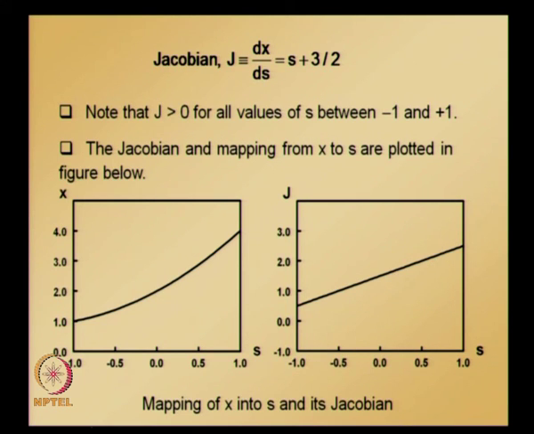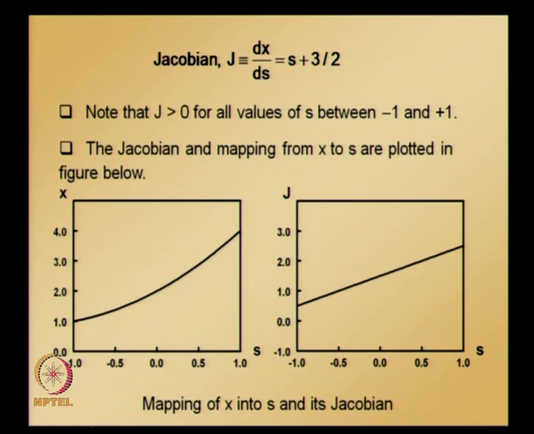In the s coordinate system, all points originally between x1 and x2 lie between s equal to -1 and 0, and all those points between x2 and x3 lie between 0 and 1, and so the mapping is valid.